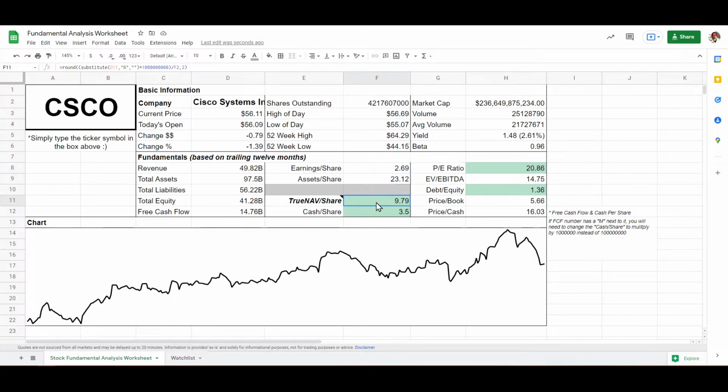I mean, they could try, but something would look really fishy if you are calculating the book value and things are off, right? So the true NAV will actually do a better job of displaying disparities in a company's fundamentals than anything else. That's why I find it to be extremely helpful.